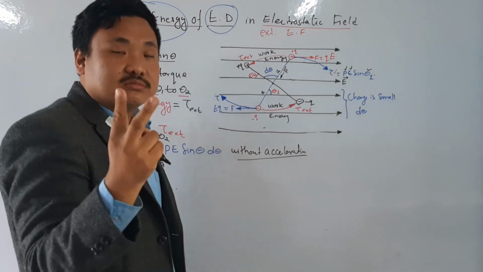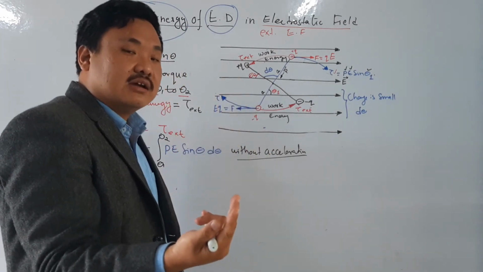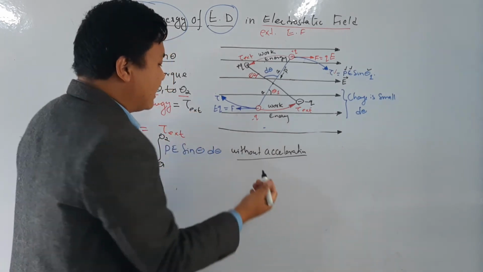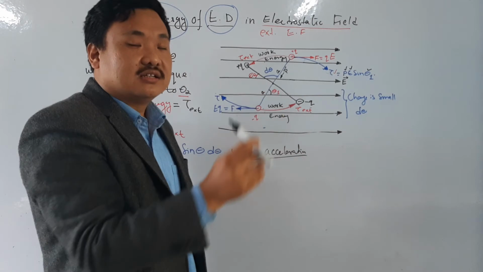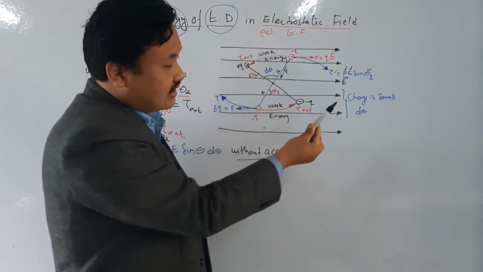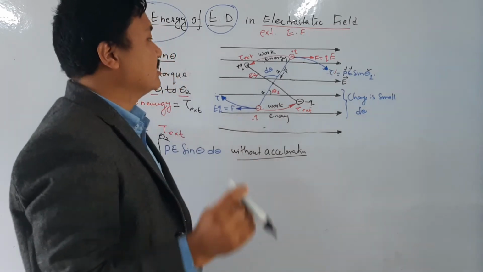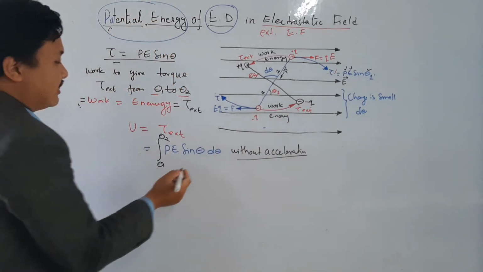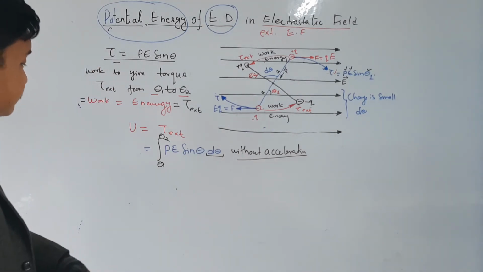First I will give small d theta, second I will give small d theta, and I don't change the acceleration. I do not accelerate it like this. I will do it very, very small, step by step, with a small d theta. So I am writing small d theta here, right?